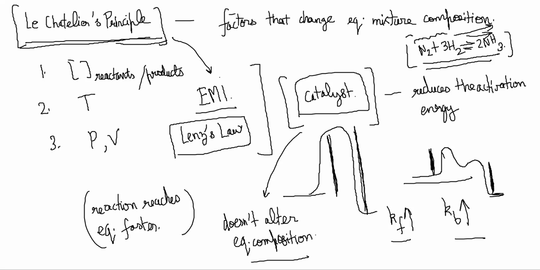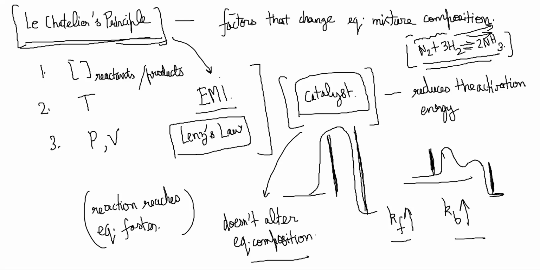So basically, changing the concentration of any one of the reactants or products will help you attain a new equilibrium state where the equilibrium concentrations will be different now. But the K constant remains the same, obviously, because you are not changing temperature or anything. Is this clear?